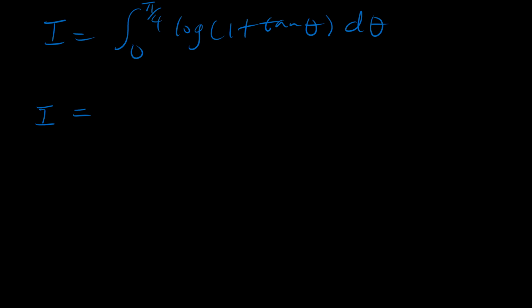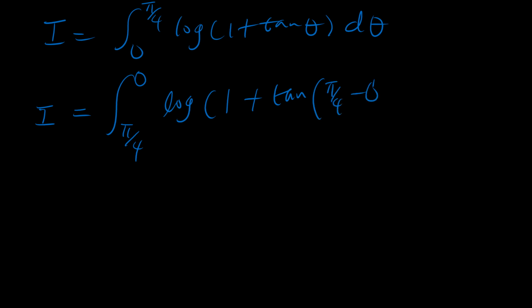So when theta is 0, pi over 4 minus 0, we have pi over 4. Pi over 4 minus pi over 4 is 0. Log of 1 plus tan of theta, and d theta becomes negative d phi.